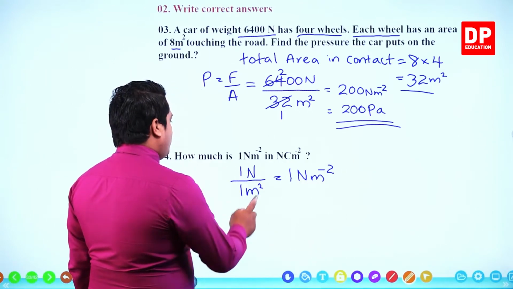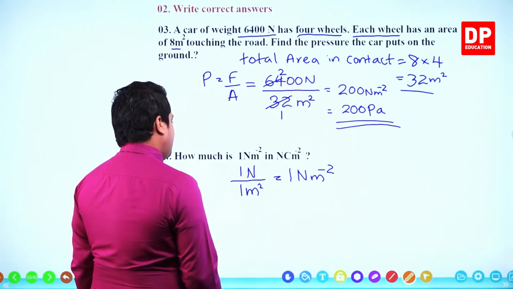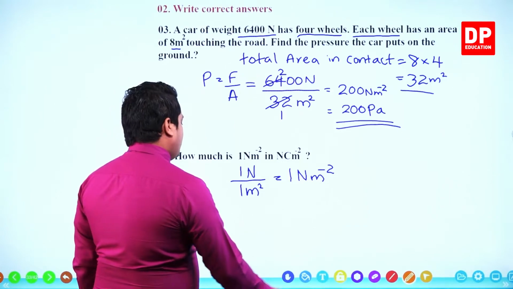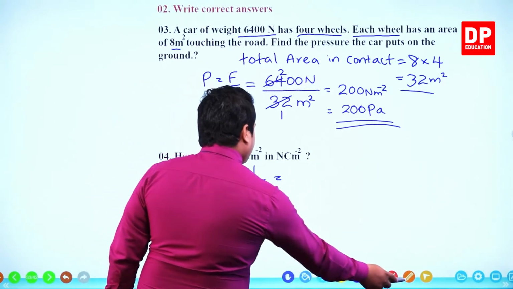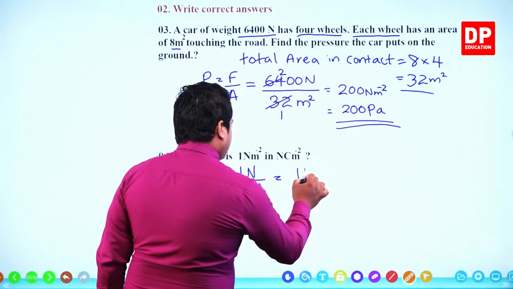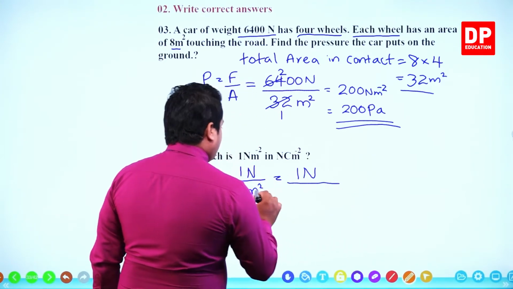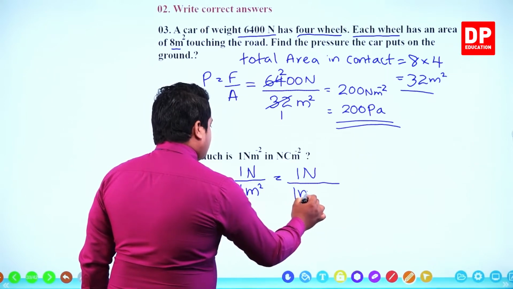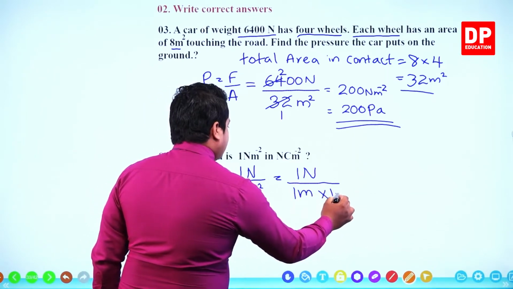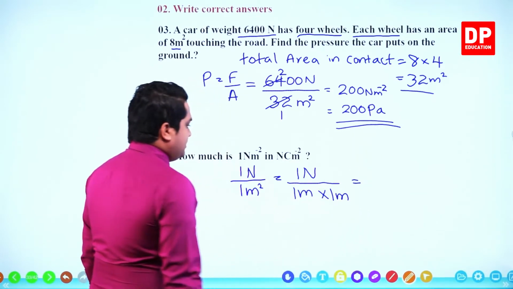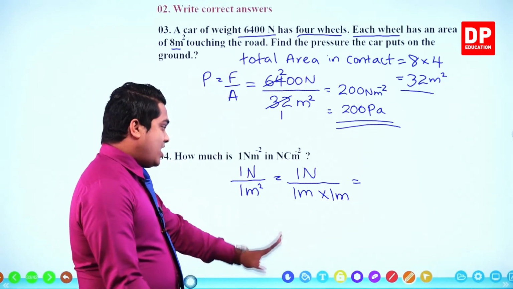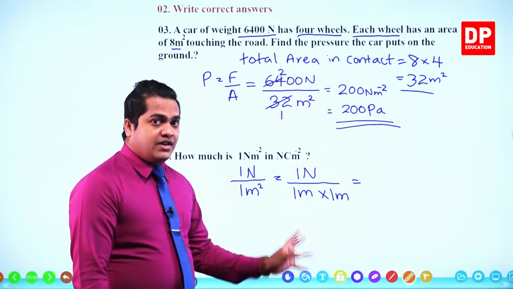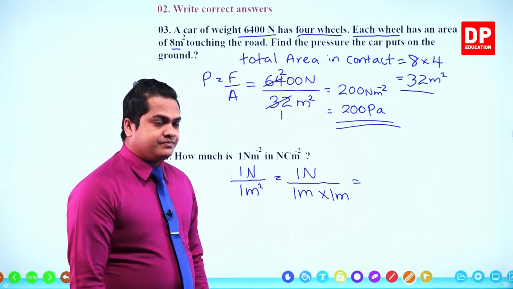Now we need to convert this into centimeters. So what I'm going to do is write 1 Newton over 1 square meter like this: 1 meter into 1 meter. That's how 1 square meter is created, m into m, m to the power 2.